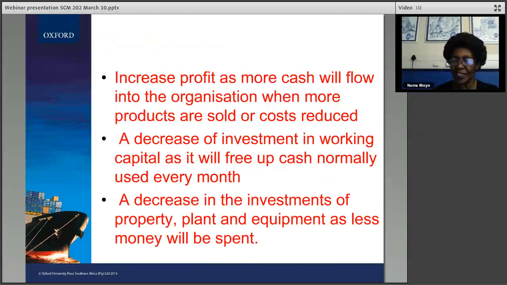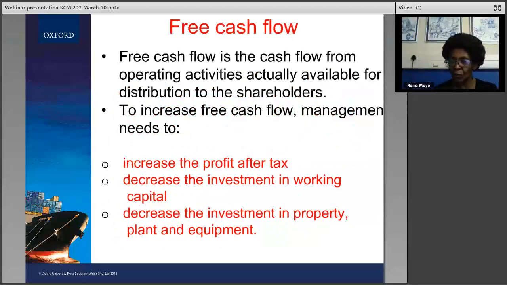To increase the free cash flow, an organization needs to achieve all or some of the following. Increase profit, as more cash will flow into the organization when more products are sold or costs reduced. Decrease investment in working capital, as it will free up cash normally used every month. Decrease investments in property, plant and equipment, as less money will be spent.